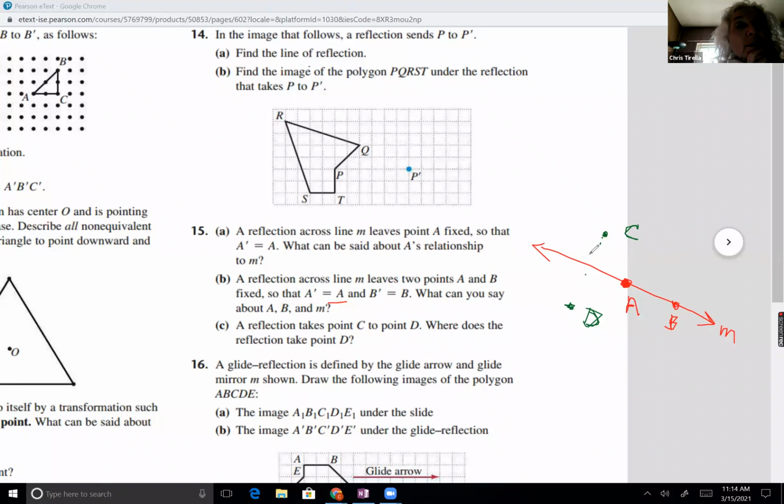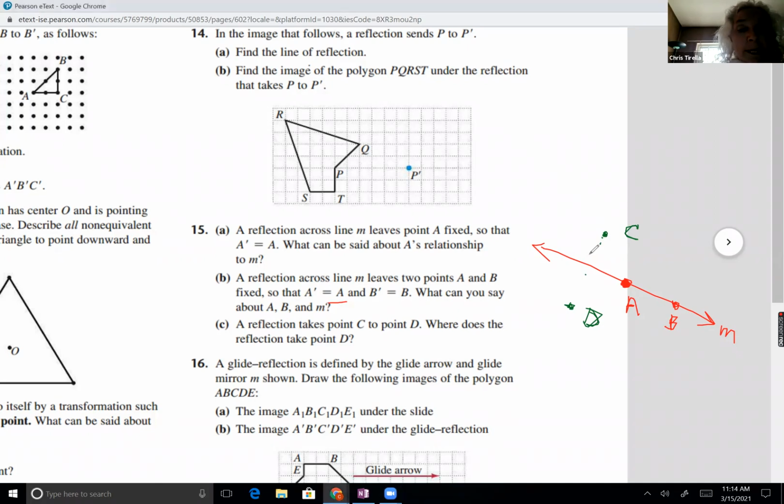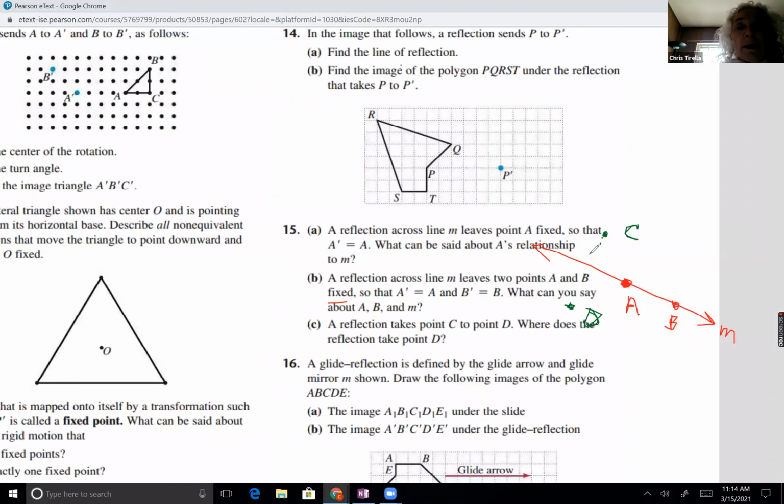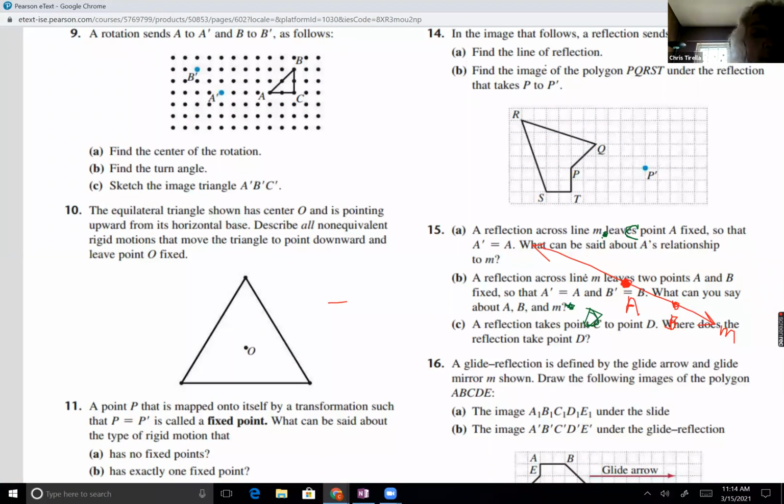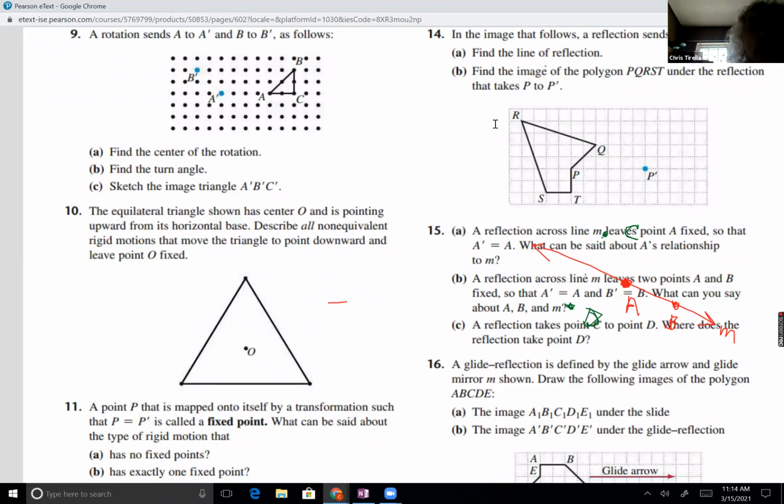Doesn't that kind of fit along partially with the idea that we had of symmetry? I'm going to cheat a little bit and go back to that equilateral triangle that we were talking about. With that equilateral triangle, we had said that a symmetry line would be the line down the middle.